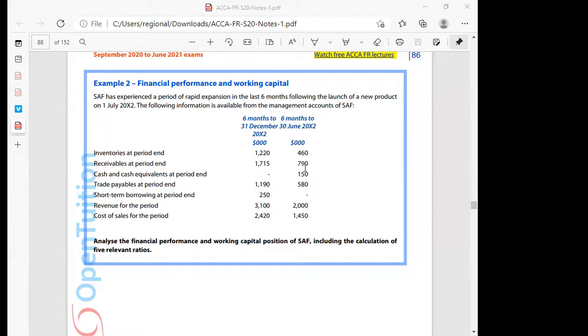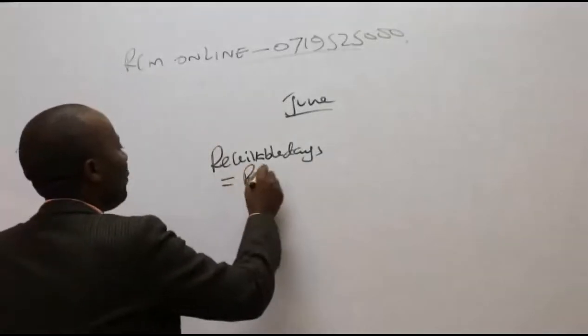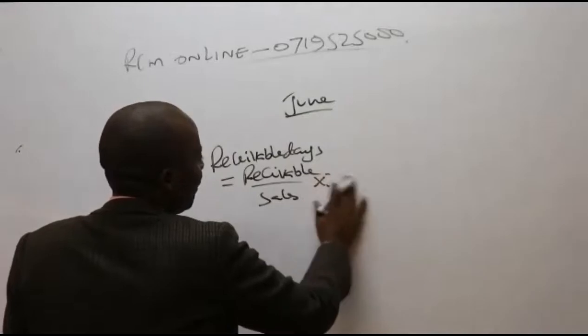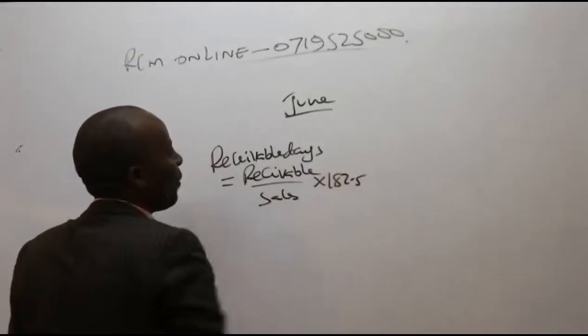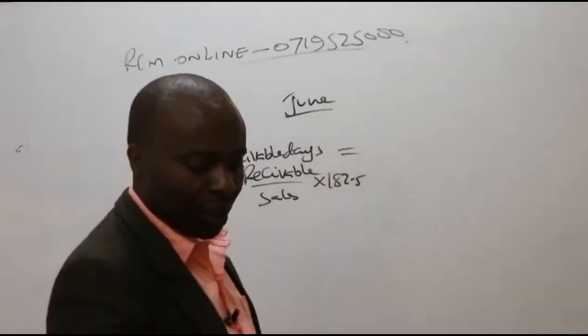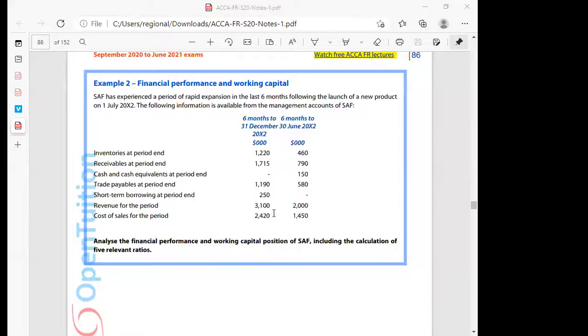Remember, the formula for receivable days is receivable over sales times 365, but because of the 6 months, we have 182.5. For June, the receivable asset here is 790.